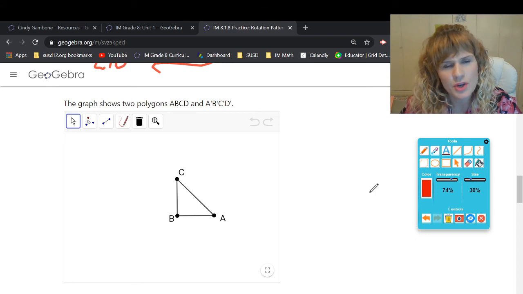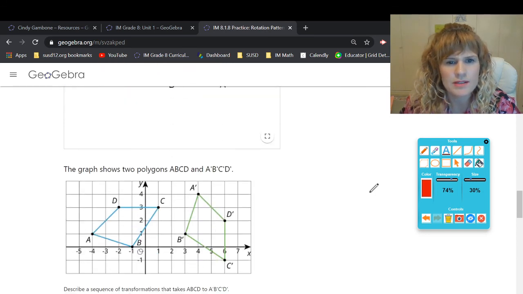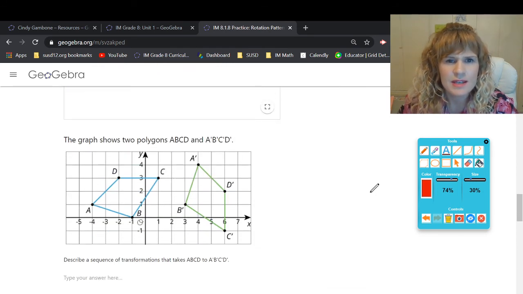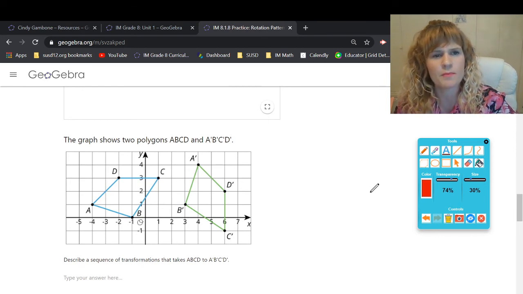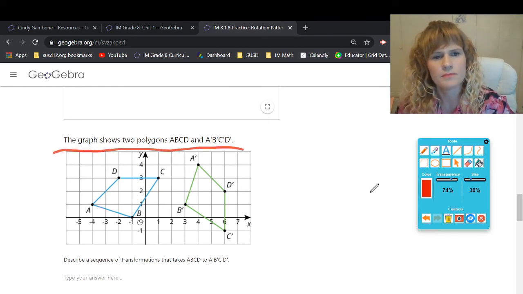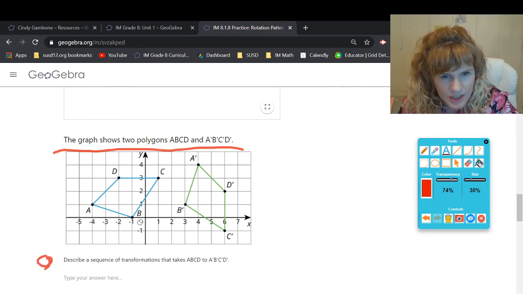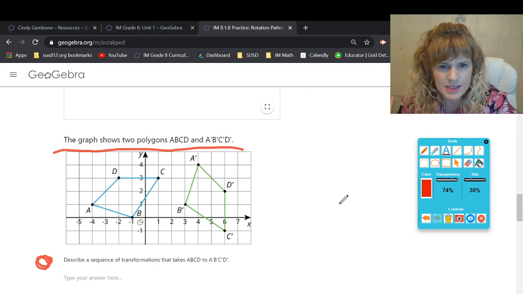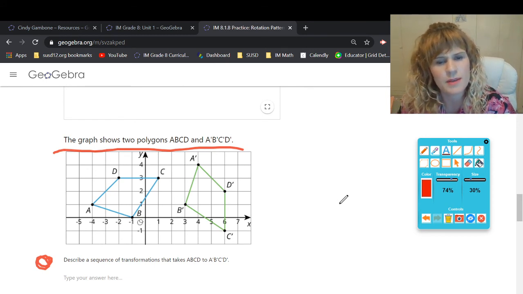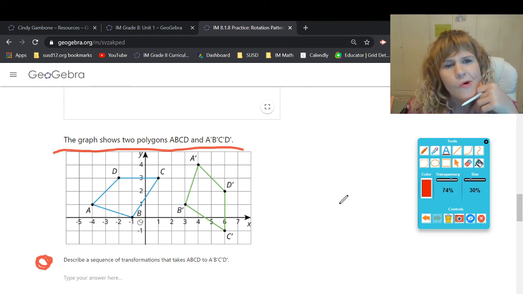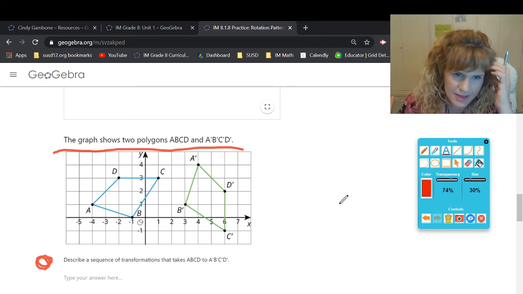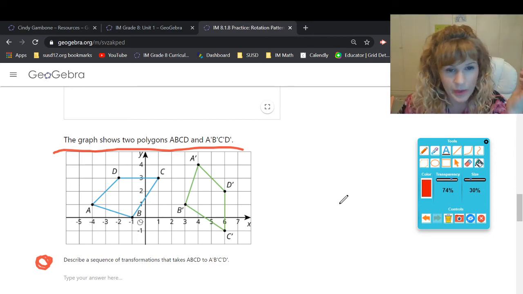The graph shows two polygons A, B, C, D, and A prime, B prime, C prime, D prime, right here. Describe a sequence of transformations that takes A, B, C, D to A prime, B prime, C prime, D prime. Oh, this is going to be tricky. Well, I think there's going to be more than one way to do it.